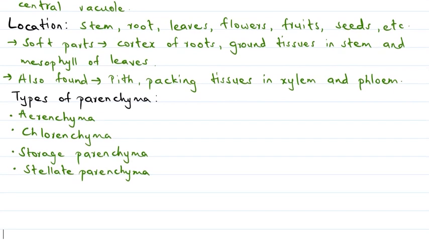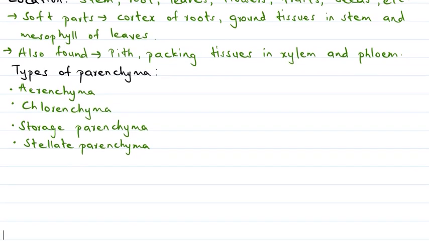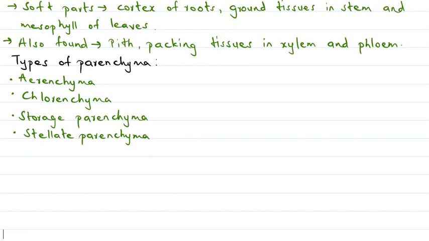So in water, or the plants that are present in water, that is the aquatic plants, they have parenchyma. So in water plants, the parenchyma is found in the cortex region.